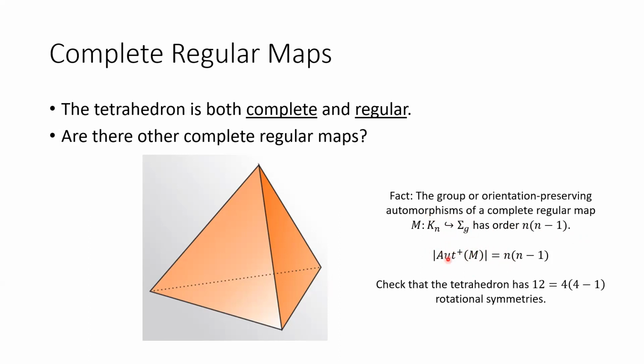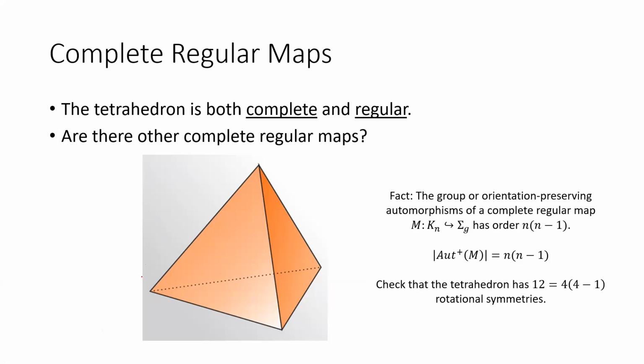And this group has order n(n-1). So for the tetrahedron, if this fact is true and you believe it, the tetrahedron should have 12, which is 4 times 3, rotational symmetries. And that's true. And you can think about why that's true. Why are there 12 rotational symmetries of the tetrahedron?